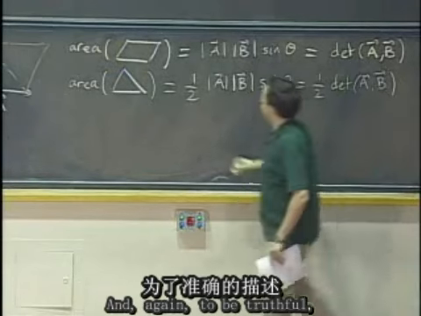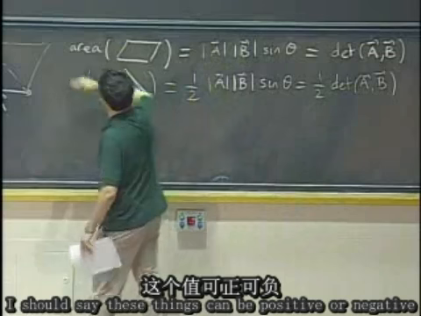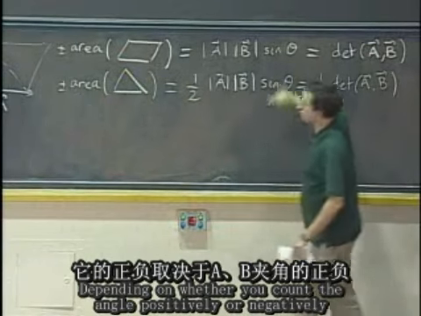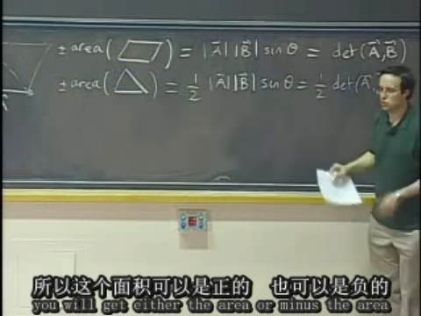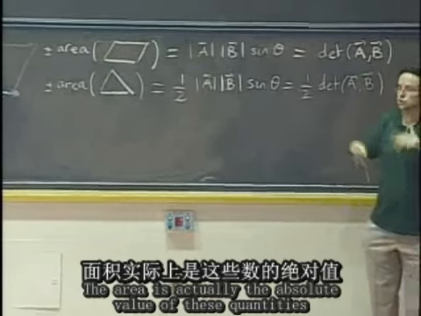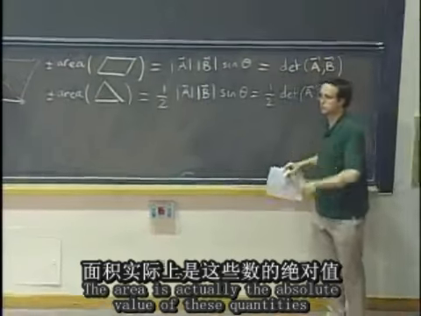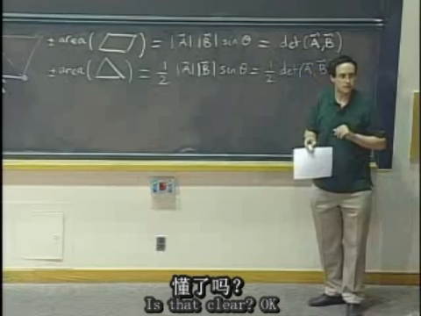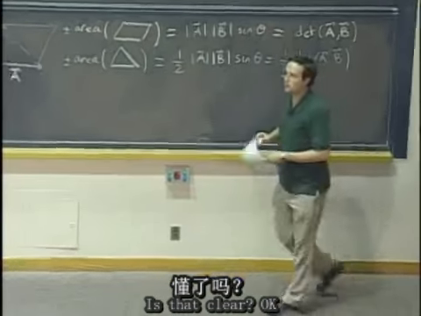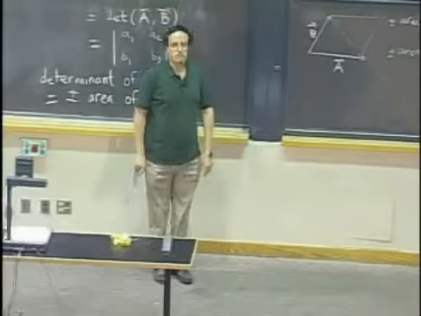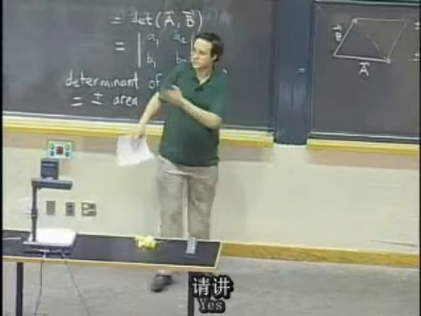And again, to be truthful, I should say these things can be positive or negative. So depending on whether you count the angle positively or negatively, you will get either the area or minus the area. The area is actually the absolute value of these quantities. Okay, is that clearer? Okay. Yes, fine.